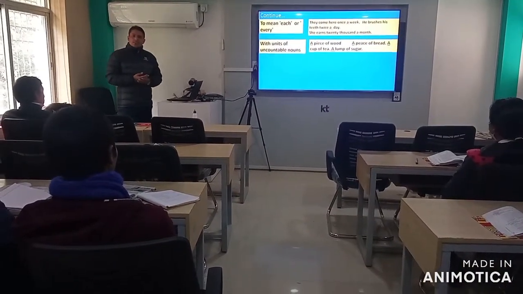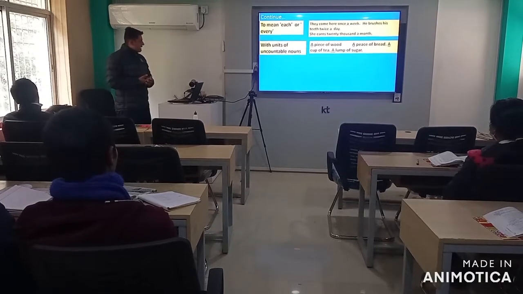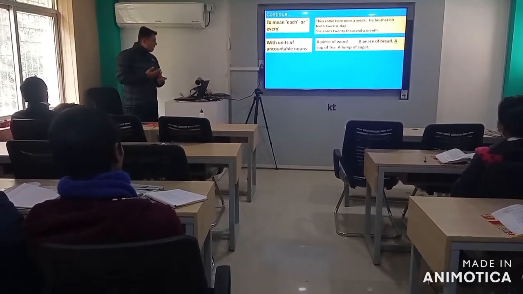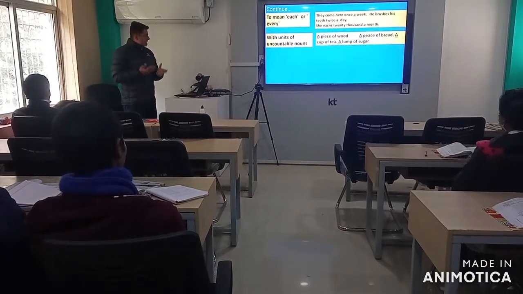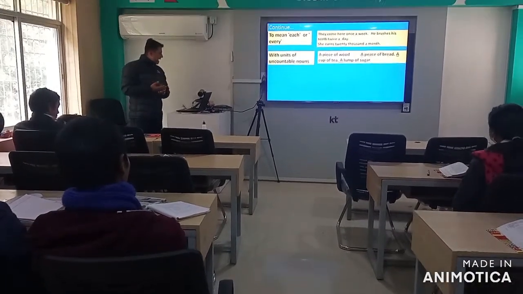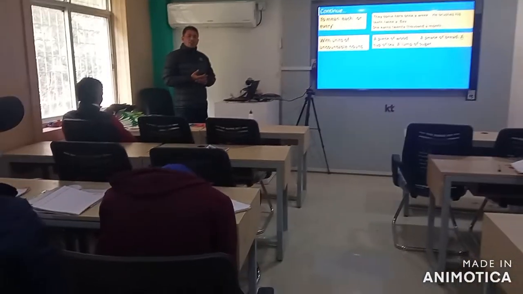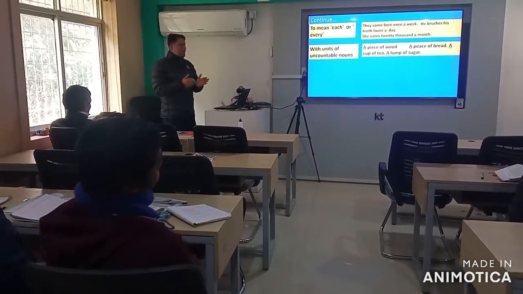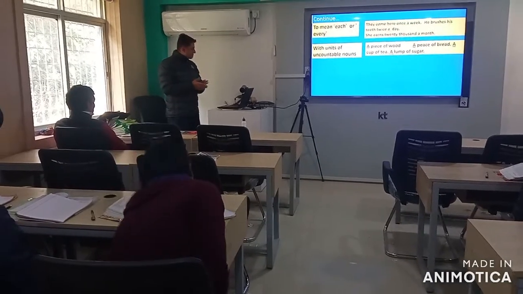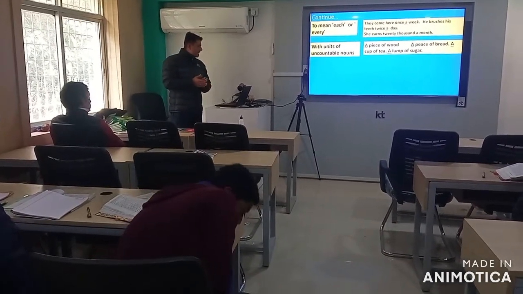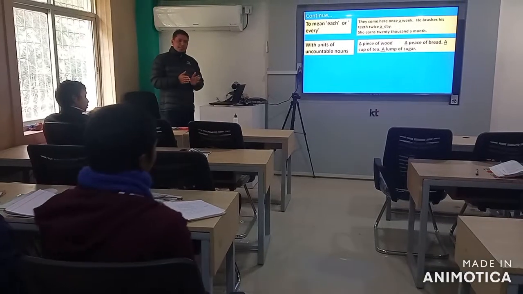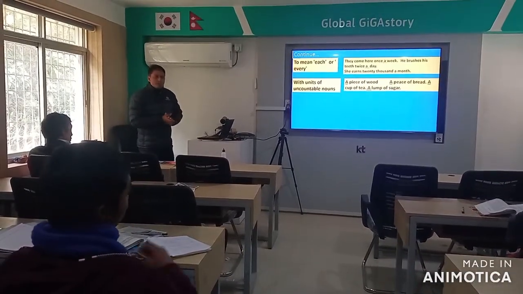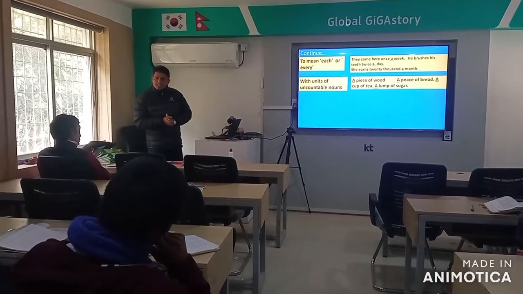We cannot say a tea. We have to say a cup of tea. And we cannot say one sugar, two sugar. We have to say a lump of sugar. So when we have to say the quantity of such uncountable nouns, at that time we have to use article a or sometimes an, according to the initial sound. Not the initial letter, according to the initial sound, the beginning sound. Are you getting that?